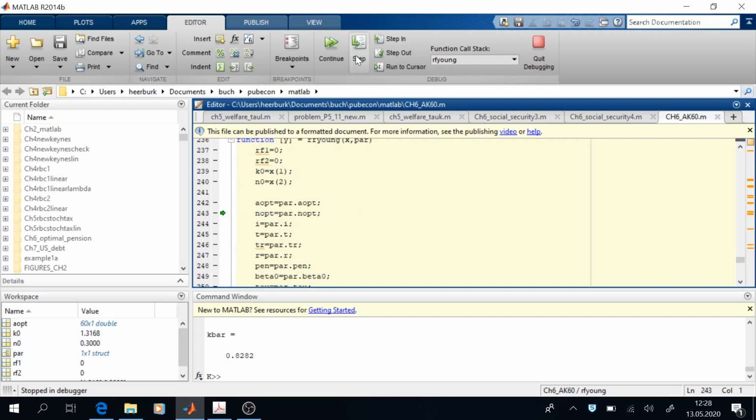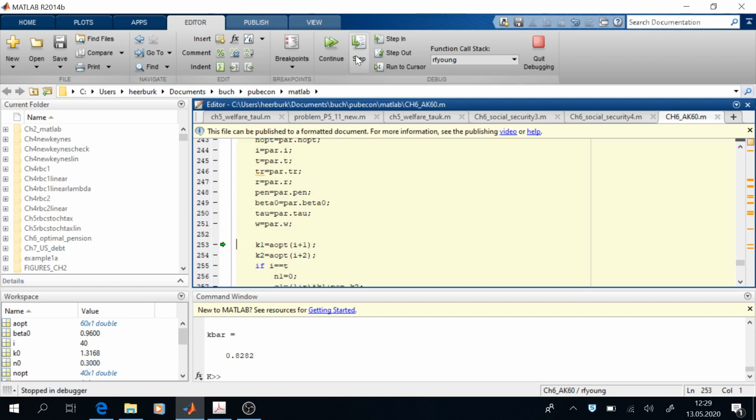And we load the upcoming wealth level of the 41-year-old and 42-year-old, and similarly the labor supplies for these agents, which of course are 0 because they are retirees, into the variables A opt and N opt. And we also load the other parameters that we need for our computation.